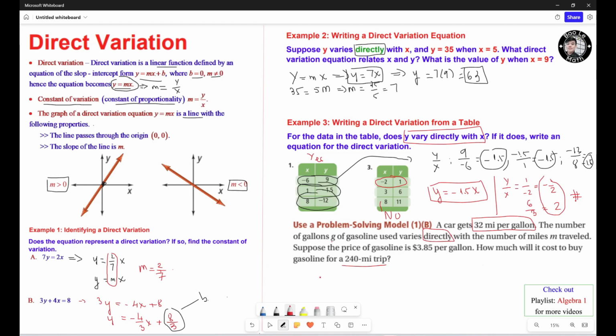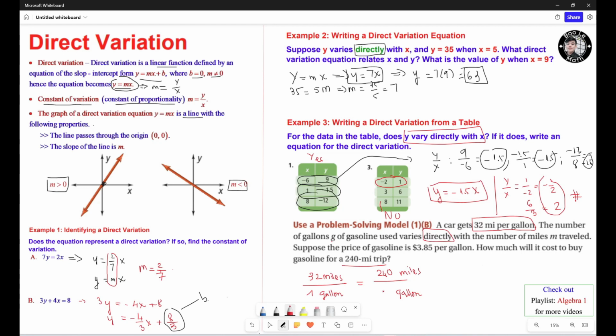So you're going to set up a proportion. You have 32 miles per 1 gallon. Now on the right hand side, this is gallons, you put gallons right here. This is miles, you put miles right here. So how many miles do you have? It's going to be 240. So for 240 miles, how many gallons do you need?